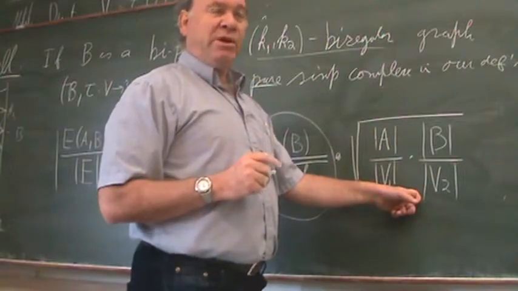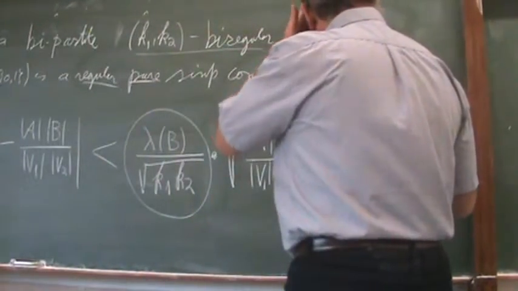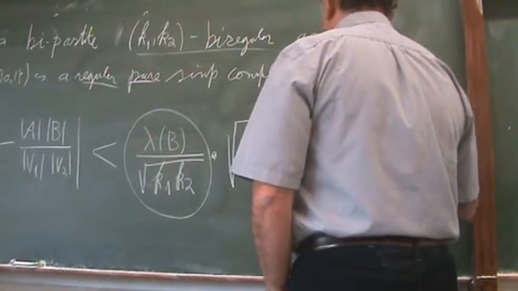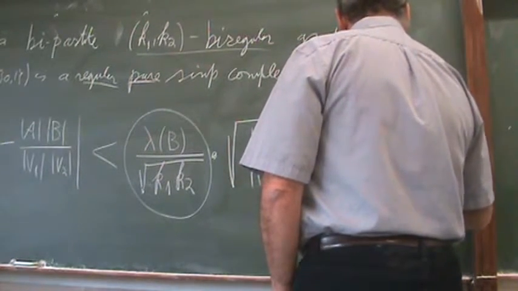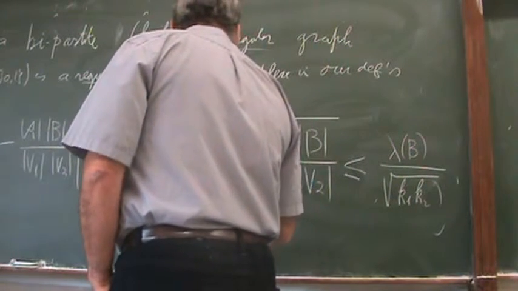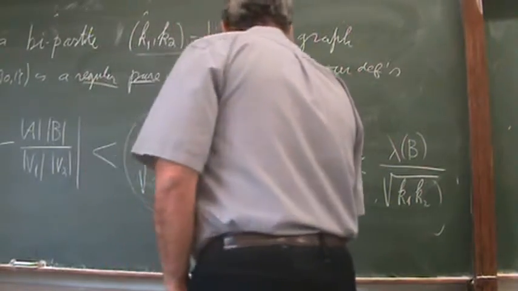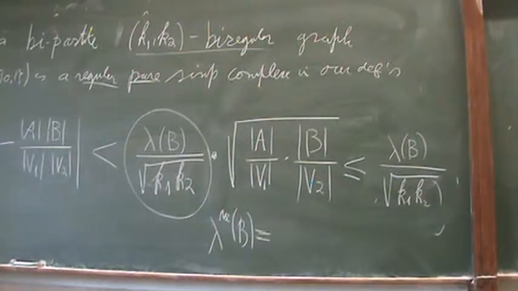So it's also less than 1. So we can even give up on this one and we can say that this is at most lambda of b divided by square root of k1, k2. So let's define lambda normalized of b. You remember in a k-regular graph, sometimes we want to normalize and we divide all the eigenvalues by the largest one, by k.